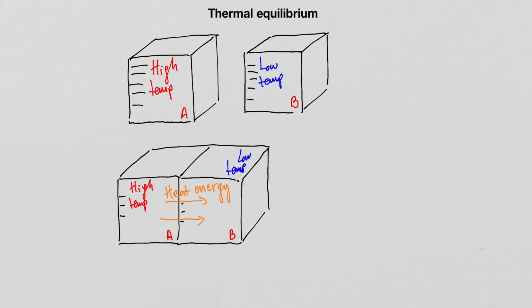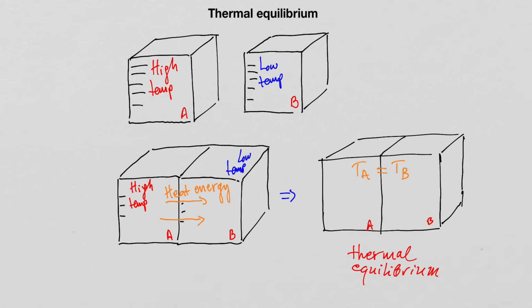This process will continue until the two cubes have the same temperature. As cube A loses energy, its temperature drops. As cube B gains energy, its temperature rises. And this process will stop when the two temperatures are equal.